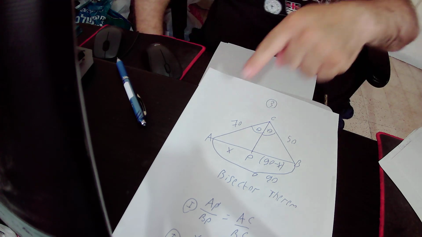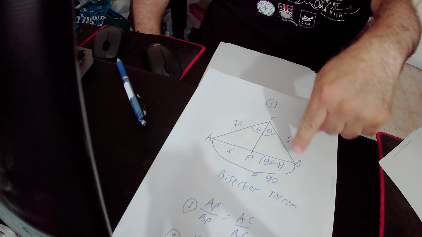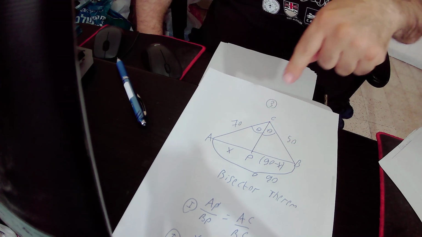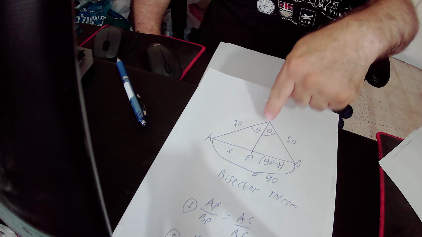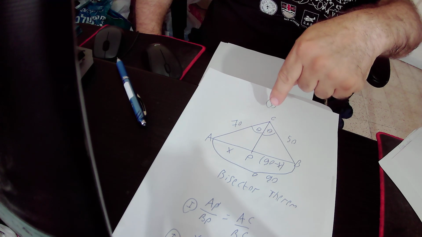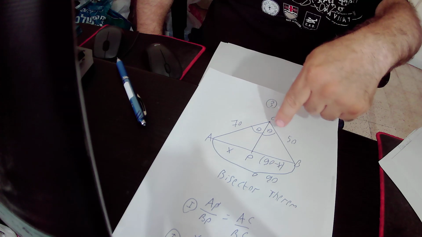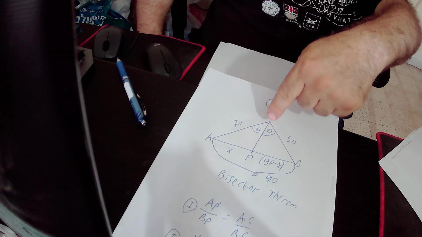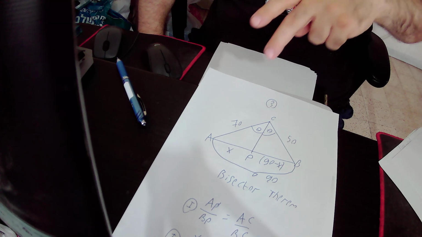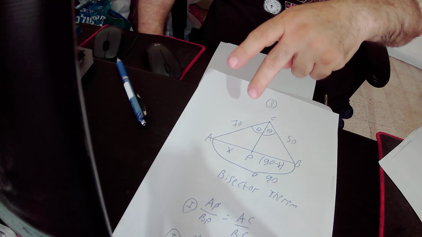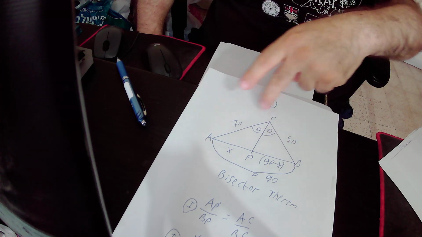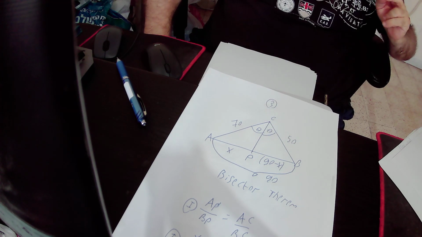Again, AP over BP equals AC over BC. Why? Because this line PC divides this angle into two equal parts. Therefore, it creates the relationship that AP over BP equals AC over BC.